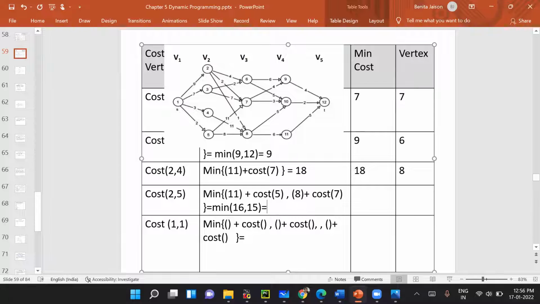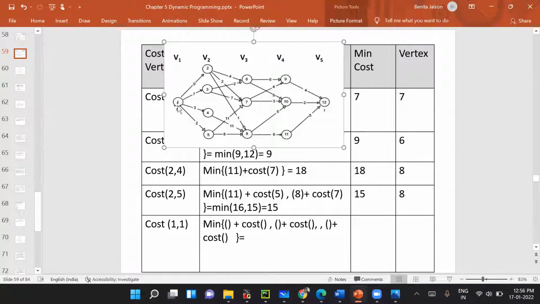So the minimum is 15. The first cost is due to the edge from 5 towards 7, the second one is towards 8. The one which gave us the minimum is towards 8, right? So we have to write here 8 and the minimum cost is 15. So we finished all the vertices in stage 2. Now we are moving on to stage 1.